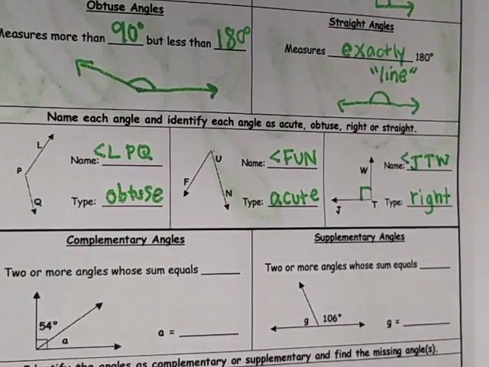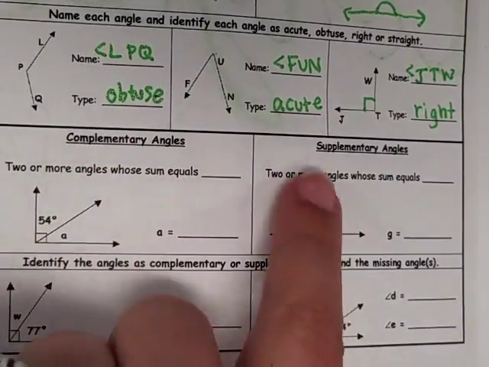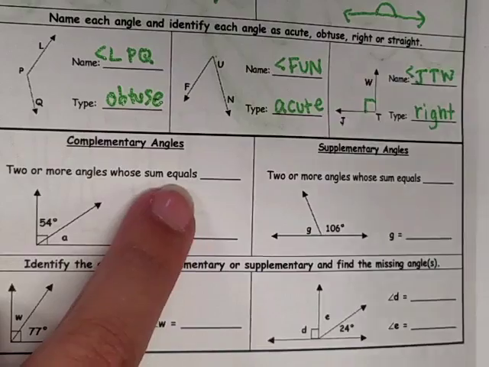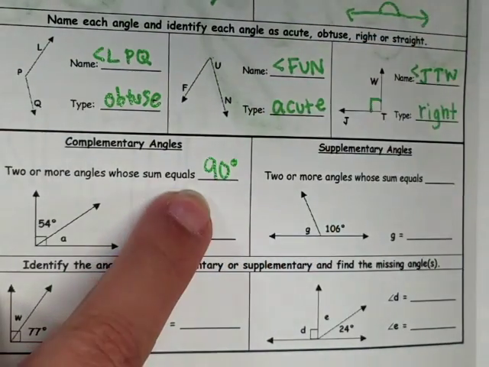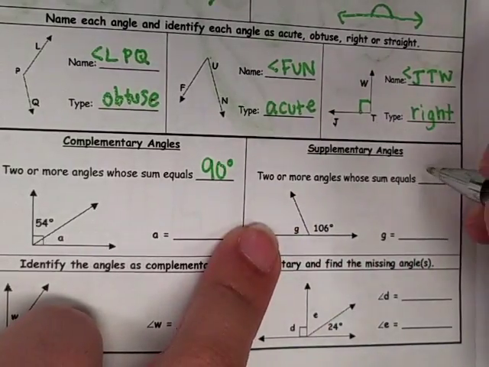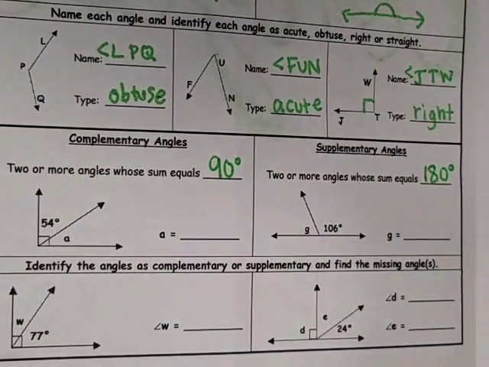All right. Next, we have angles called complementary angles and supplementary angles. This is when you're comparing two or more angles whose sum is equal to 90 degrees. And then supplementary angles, two or more angles whose sum equals 180 degrees.